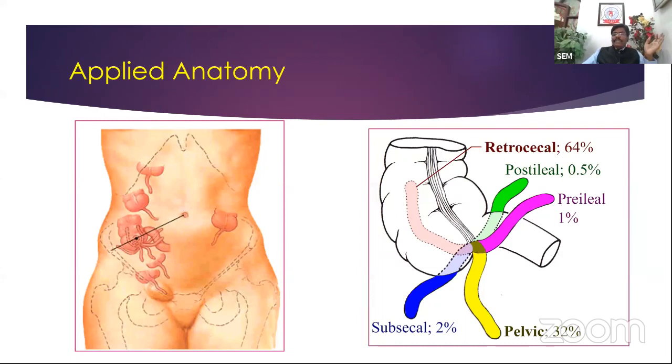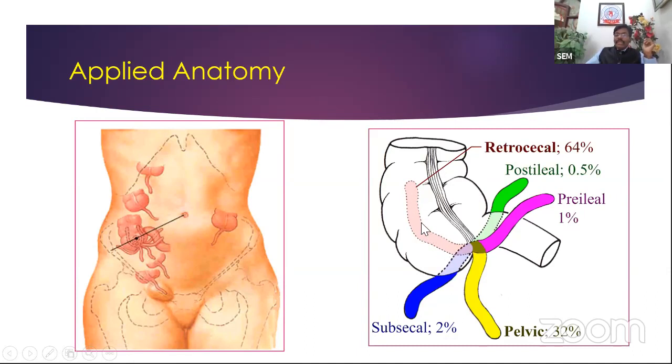And appendicitis is very interesting because, one, it is one of the commonest causes for acute abdomen. Second, because of its varied presentation, and the varied presentation is mainly because of its varied location. This picture clearly shows the appendix like wagging a tail. Most common site of appendix location is retrocecal.